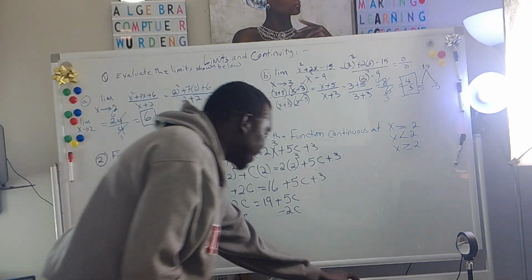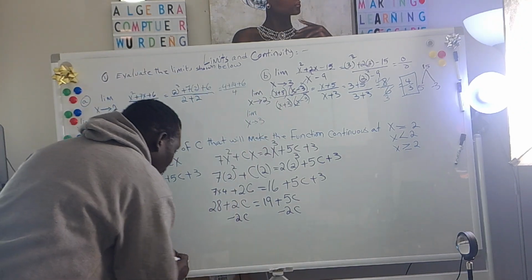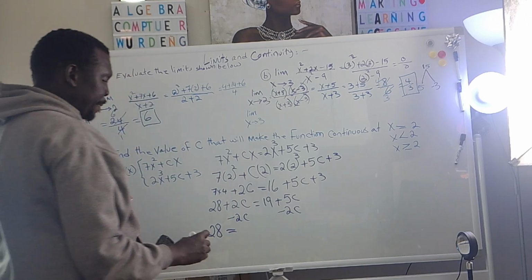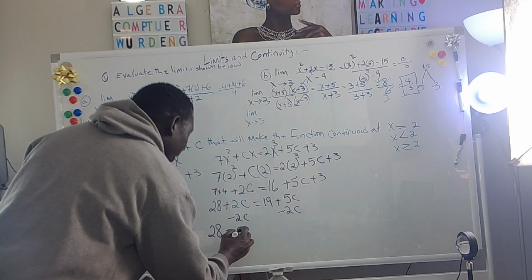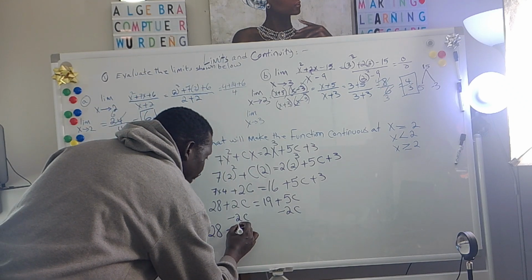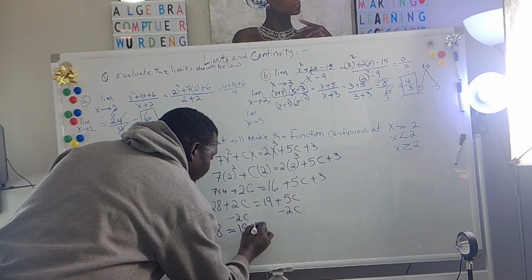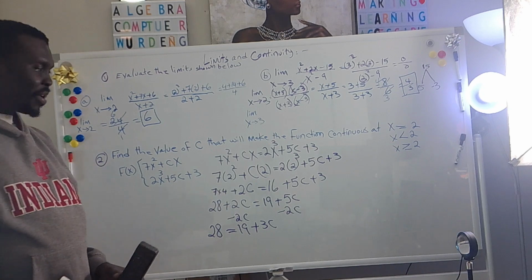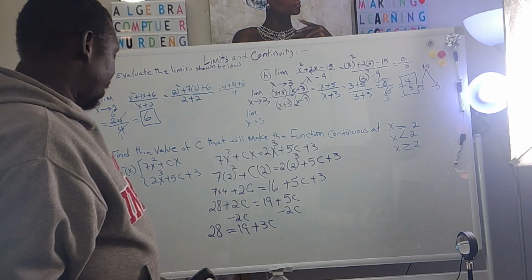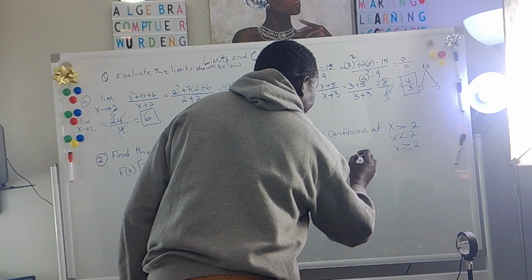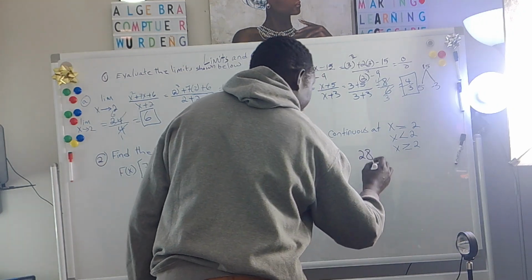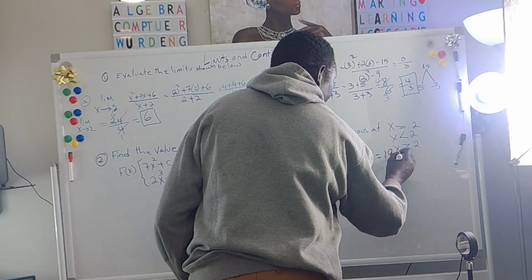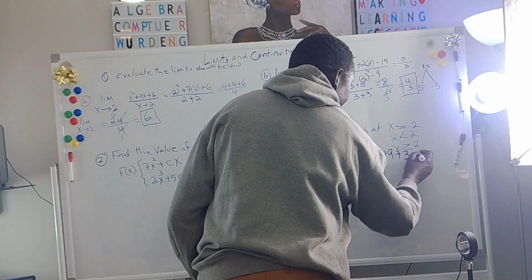And here it will be 19 plus 3c. Look at that, the number is coming. Now I have 28 equals 19 plus 3c.